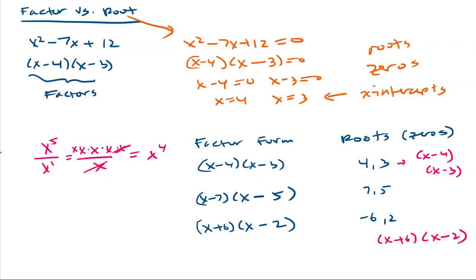If I have x to the 9th divided by x, that will give me x to the 8th, correct? So when I divide by just a regular x term, it reduces that power by 1. That makes sense? So keep this all in mind as we do the problem.